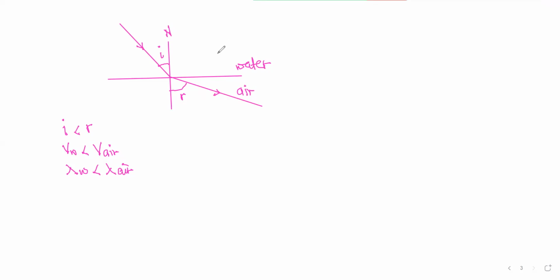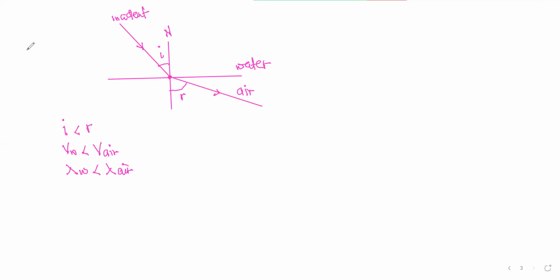Okay, so we discussed the laws of refraction. And the first law says that the incident ray, the normal at the point of incidence, and the refracted ray all lie in the same plane.